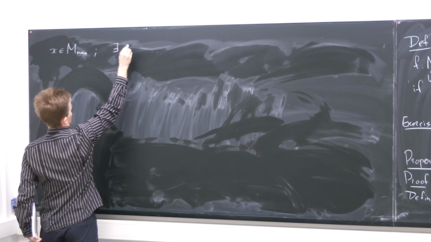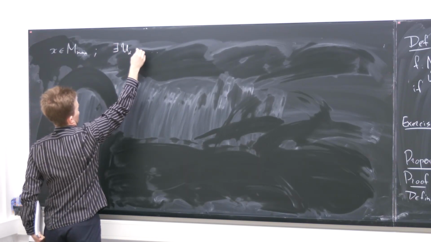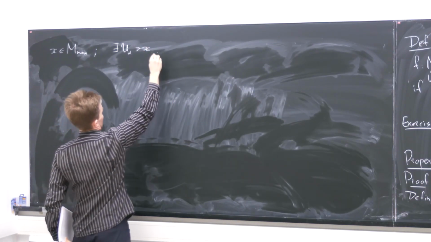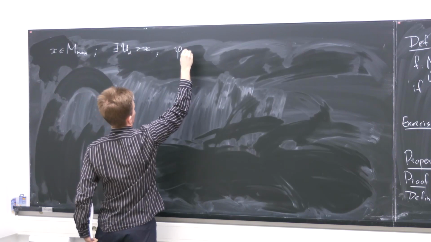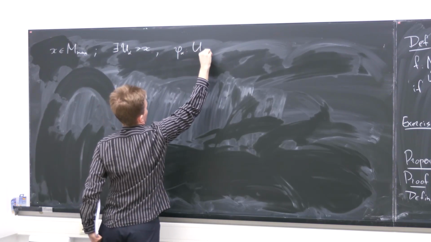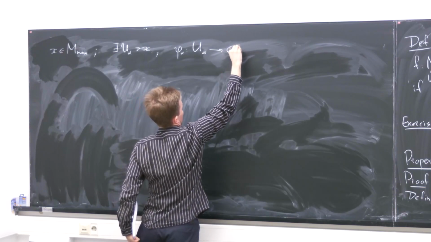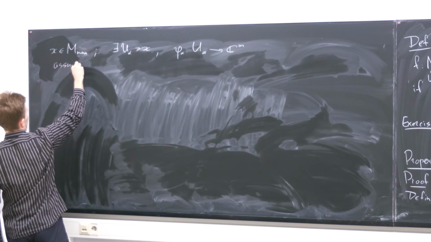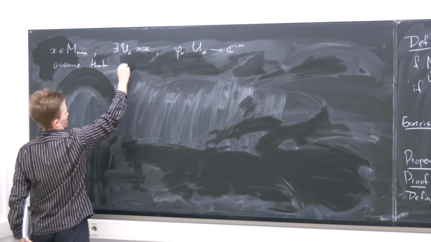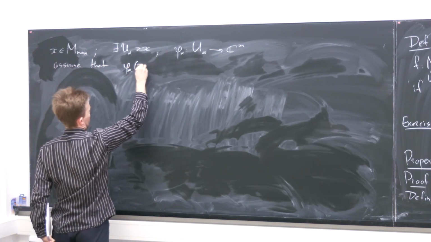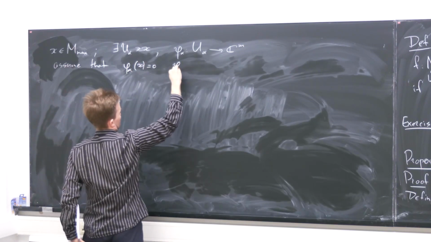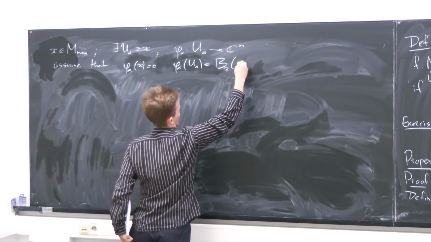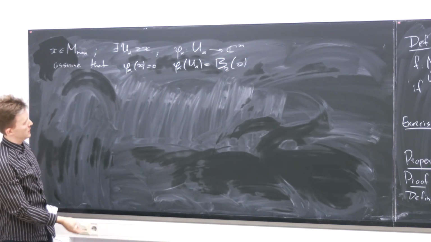So there is some U alpha, a chart containing x, and phi alpha maps U alpha into Cn. So we assume that, for example, phi alpha of x is 0 and the image is just an open ball with center at 0, right?